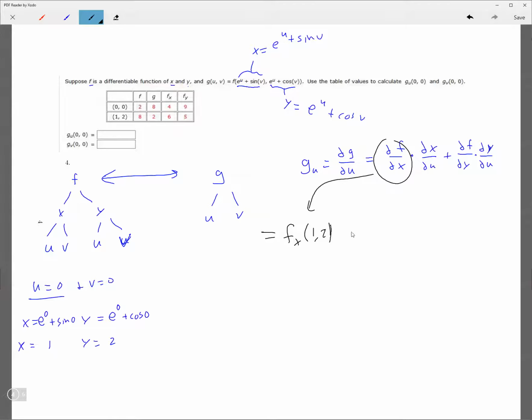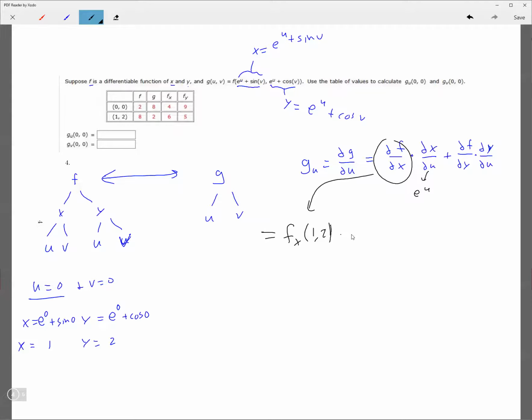And then dx du, this will be the partial of x with respect to u, evaluated at 0, 0. That's just going to be e to the u, right?